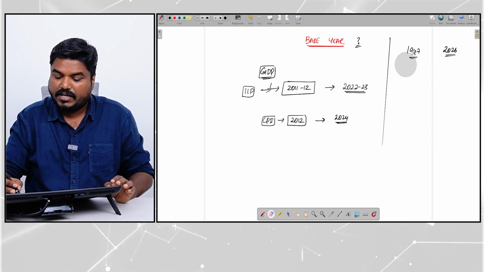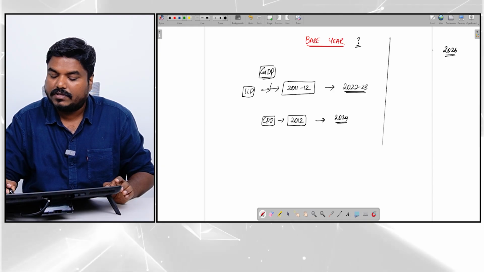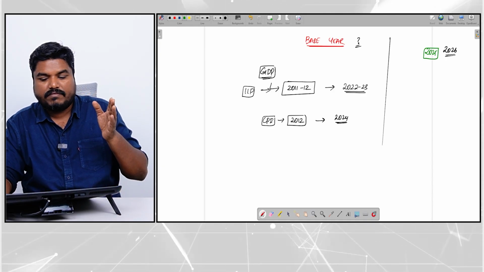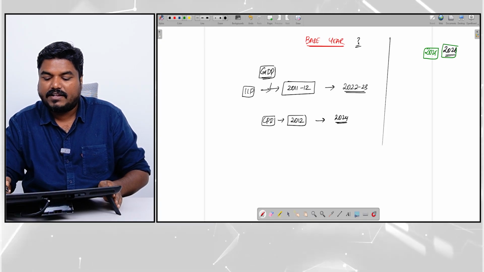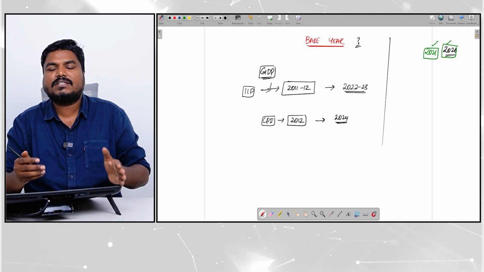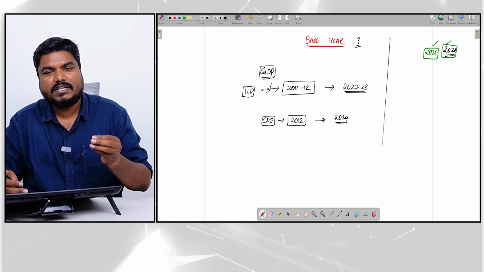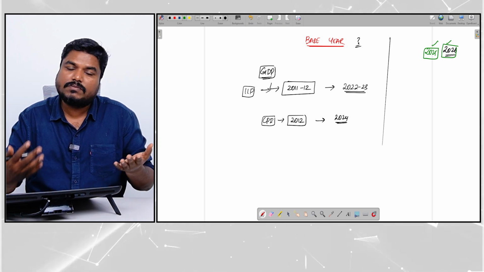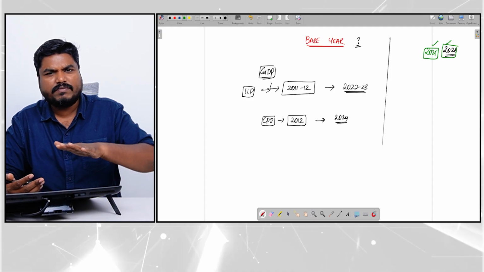At the same time, we cannot keep the base year very close also. If I keep base year as 2025, what will happen? When you compare the prices in 2026 and 2025, you will not see much difference. In 2026, 1 kg tomato, assume 50 rupees. In 2025 also, most probably, the tomato price could be 50 rupees.